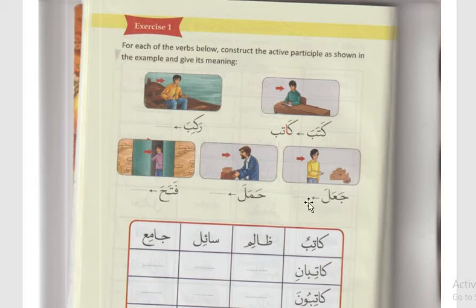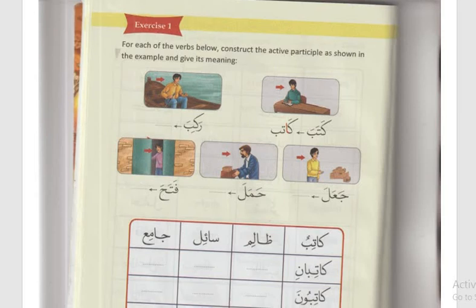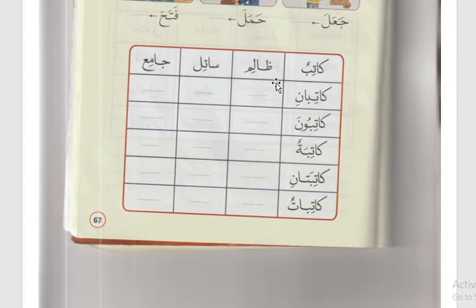Don't forget to add the alif. جاعل. حمل becomes حامل. فتح. It becomes فاتح. So again, كتب كاتب, ركب راكب, جعل جاعل, حمل حامل, فتح فاتح.